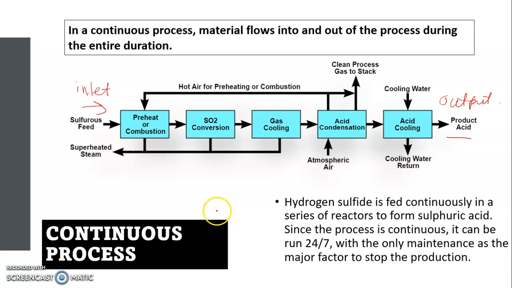Since the process is continuous, it can be run 24 hours per day, 7 days a week, meaning non-stop, with only maintenance as the major factor to stop the production. Maybe maintenance once or twice a month, and then we have to stop the process.